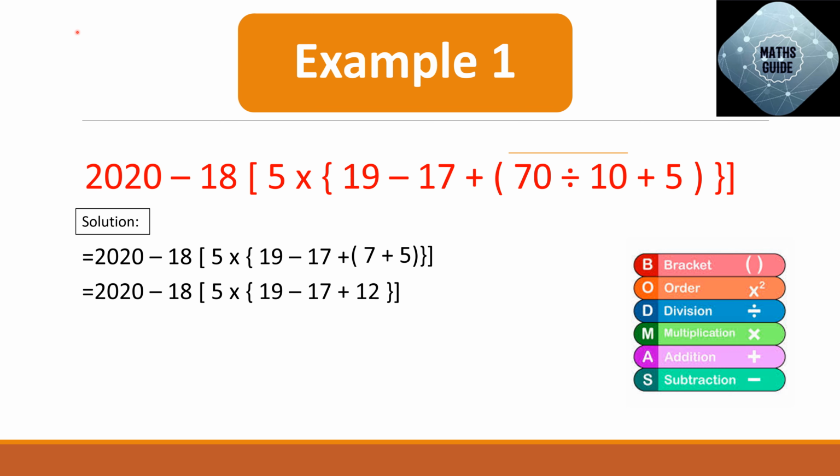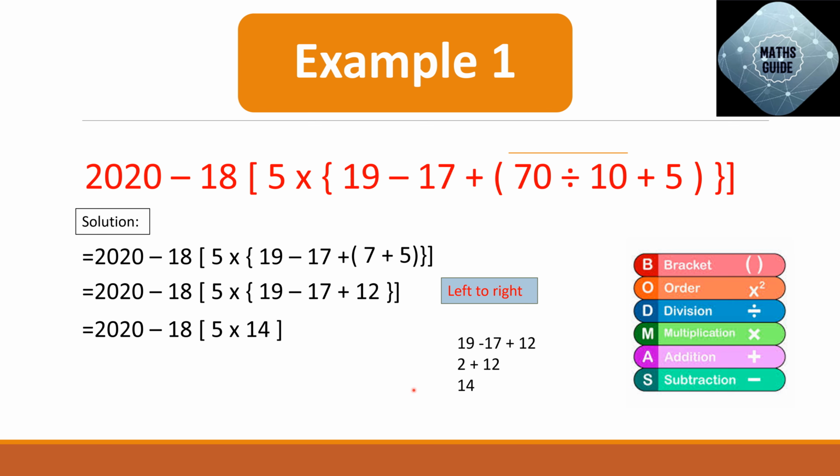Now in curly bracket we have two mathematical operations, minus and plus, means subtraction and addition. And I told you earlier, if we have subtraction or addition in any bracket, we will move from left to right. So we will solve this 19 minus 17 first, then we will add 12 into it. And the answer is 14. So now this curly bracket or braces has also been solved.